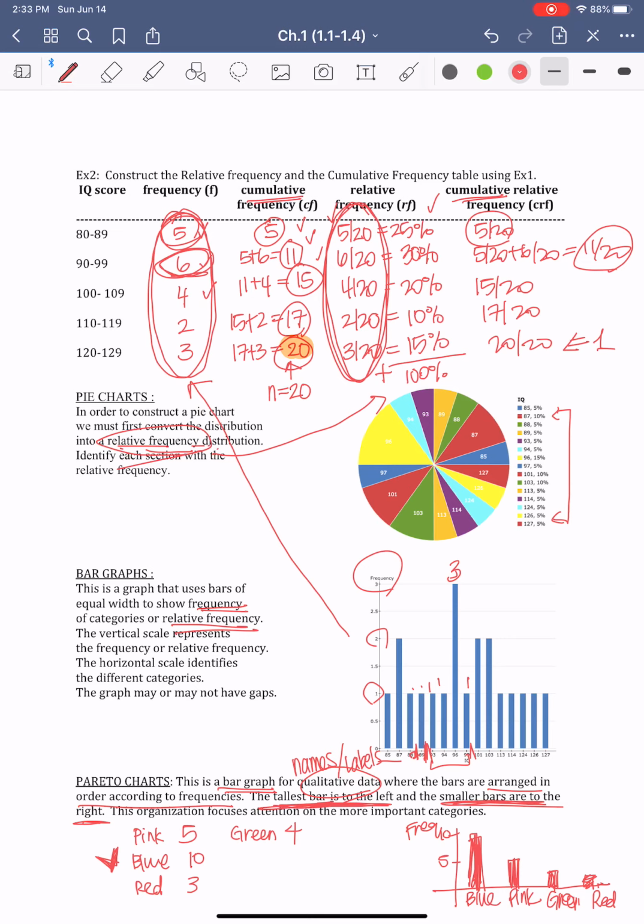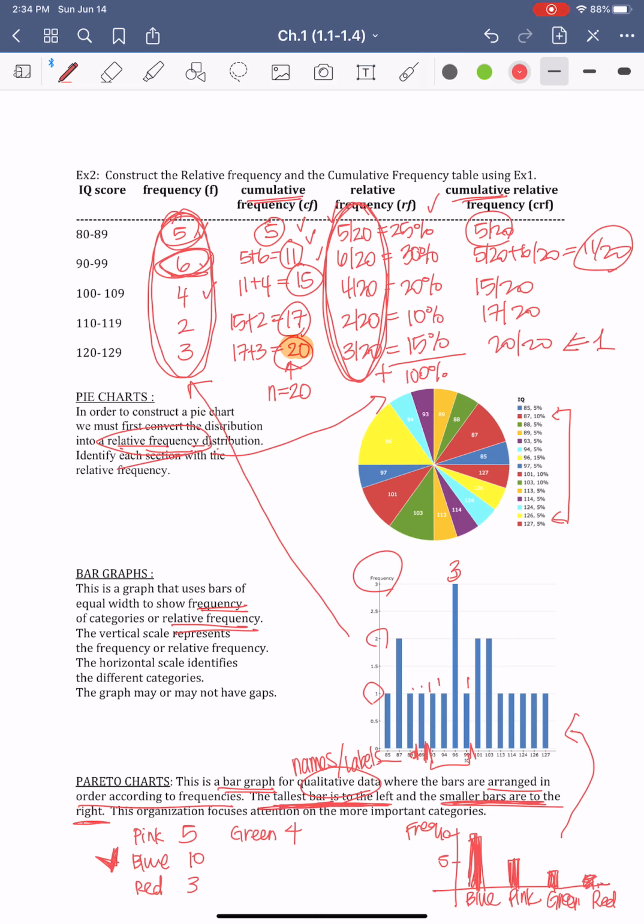Why do we do this? Because it's names and labels, it really doesn't matter which one we put first. If we rearrange from tallest to smallest, it tells you, oh, blue was the favorite color. The next favorite color is pink. It's really clear and easy to see. Whereas try to rearrange the bars here.